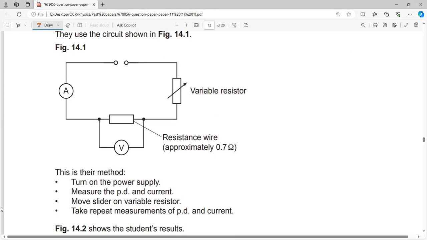We have a variable resistance, and an ammeter is applied in series. The resistance wire is in series, and the voltmeter is applied in parallel. So here we can check this value, and we got the result here.